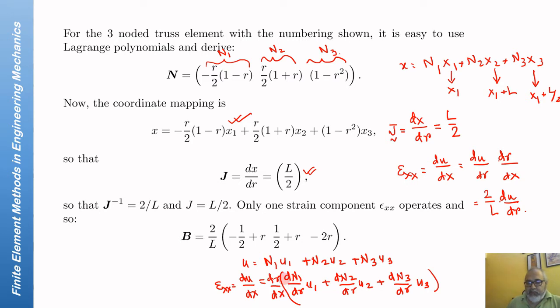So will give you dN1 dx, dN2 dx, and so on. dr dx is 2 by L, and therefore this will be the expression for the B matrix. The B matrix would be dr dx times this, so this would be your B matrix, and this is what we have written here.